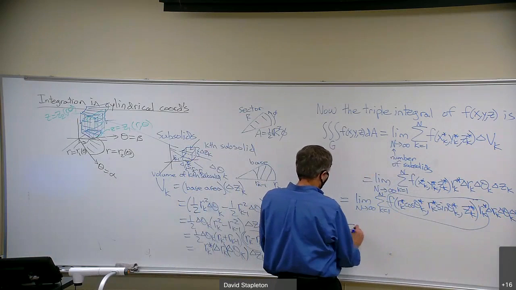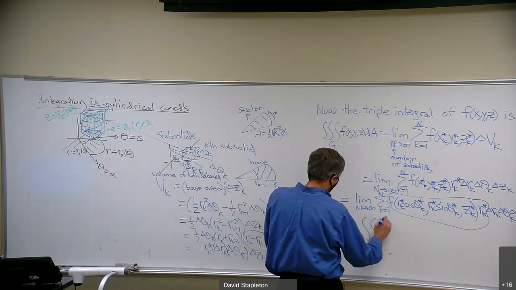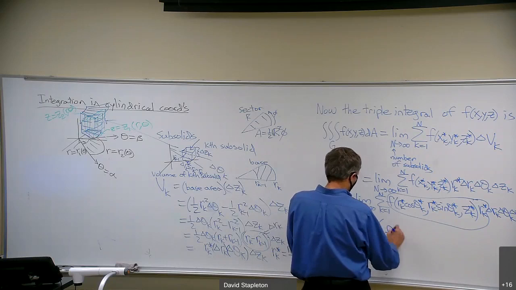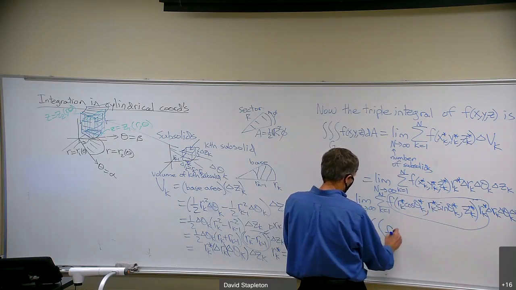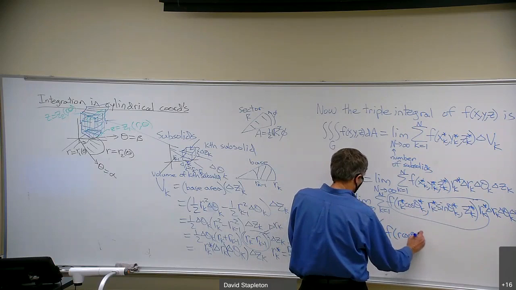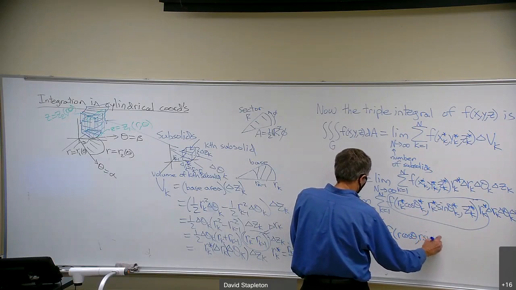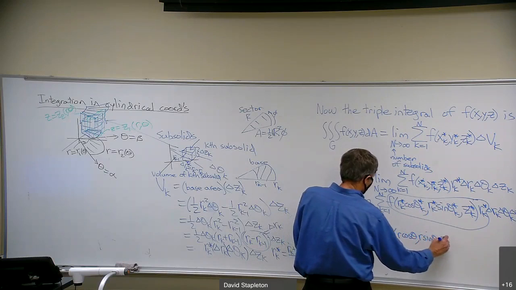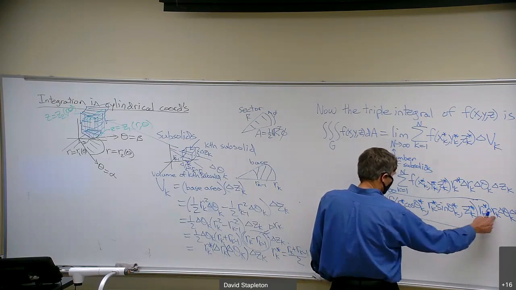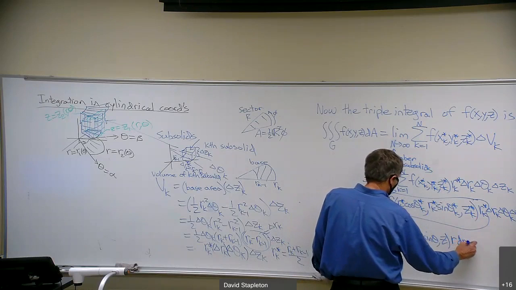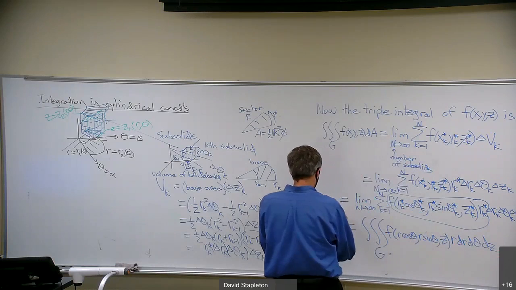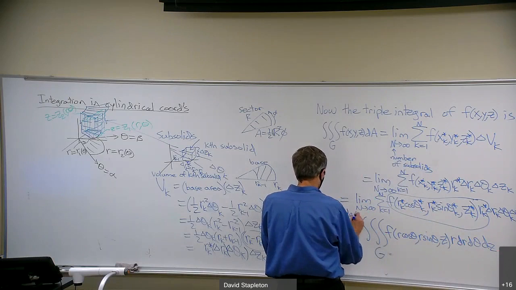The notation for this as a triple integral is the integral over the solid of f, and you just replace the k stars with the variable, f of r cosine theta, r sine theta, z, rk star becomes r, this becomes dr, d theta, dz, just by definition of the triple integral.